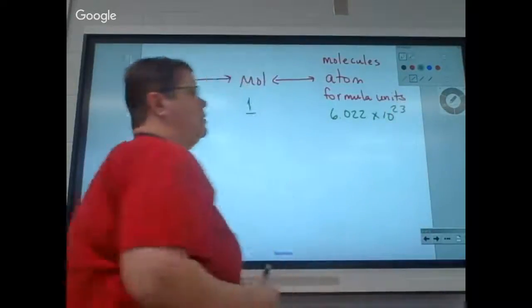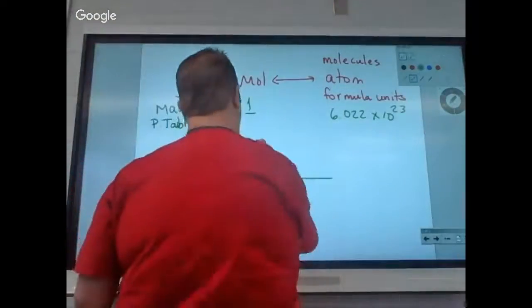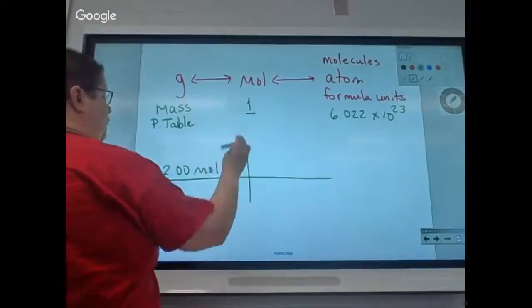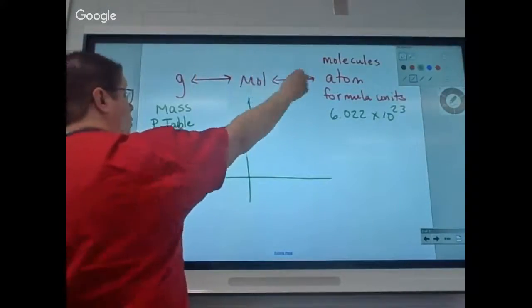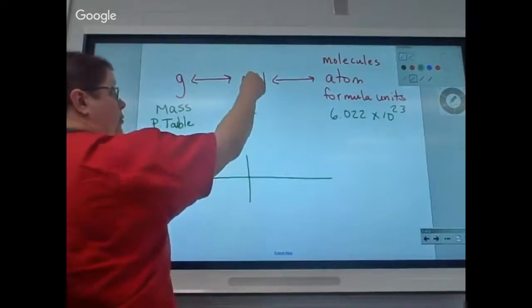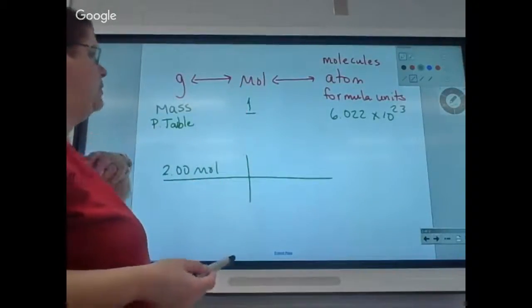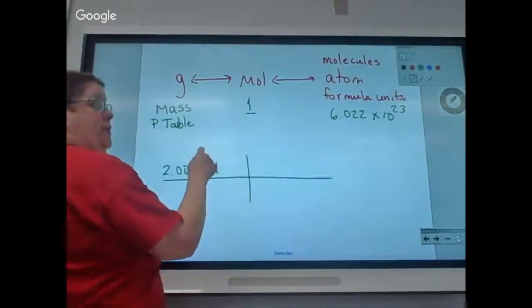Okay? So, in this particular question, it said 2 moles of water. We got 2 moles of water. Now, if we start in the middle of the chart, we can either go to grams or we can go this way. We can't do both. Now, the question said how many grams? So, if we have moles on the top line, what do we learn about these T-charts?